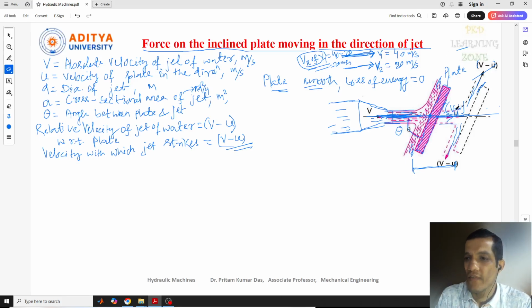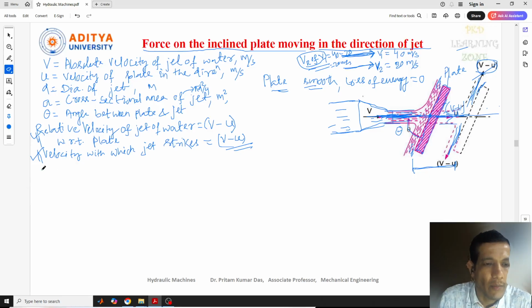The same velocity of the fluid came out from this plate. That is the only difference here. So the relative velocity we need to consider here. This v minus u with which it strikes, the same velocity comes out.